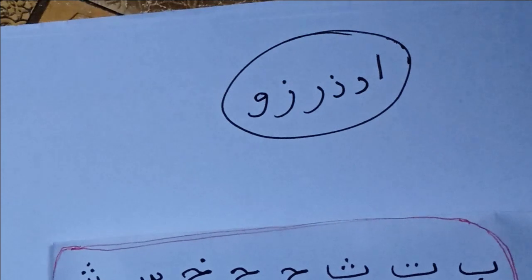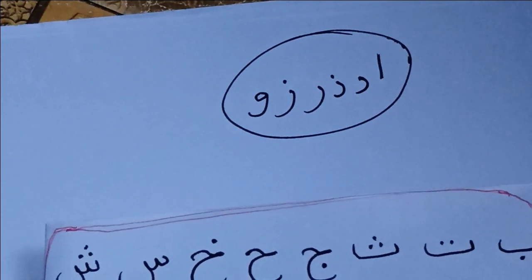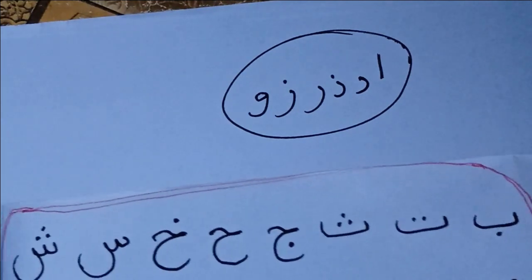But in this case we want to go further and explain in detail how to get this perfectly, and on our own take any word, join the letters together, or take any word and separate it into letters. So let's move ahead in this video to continue our lesson.